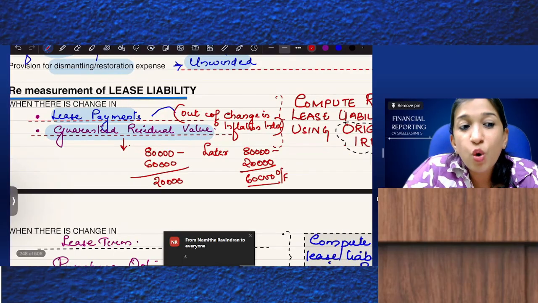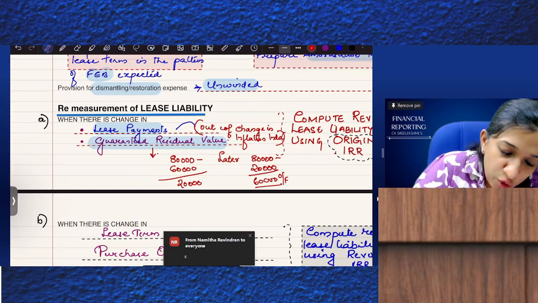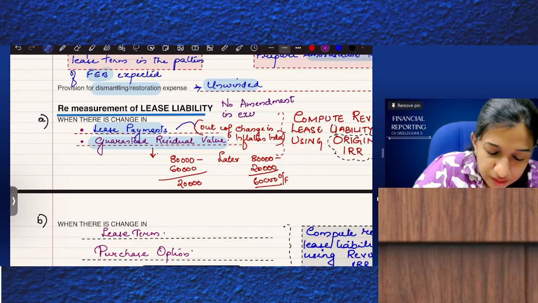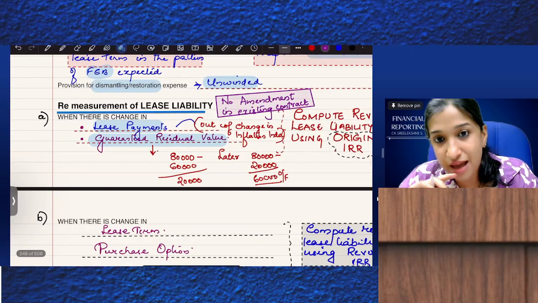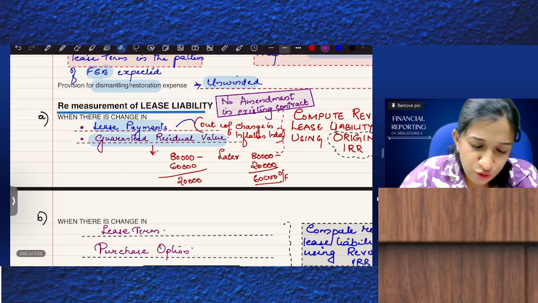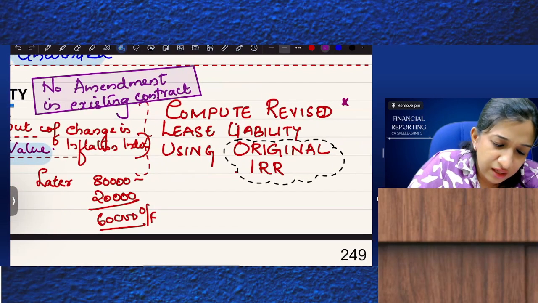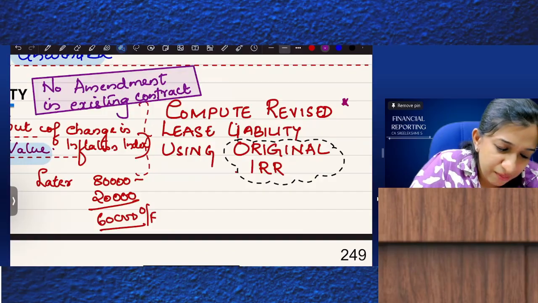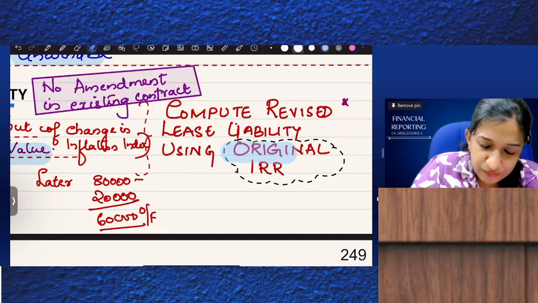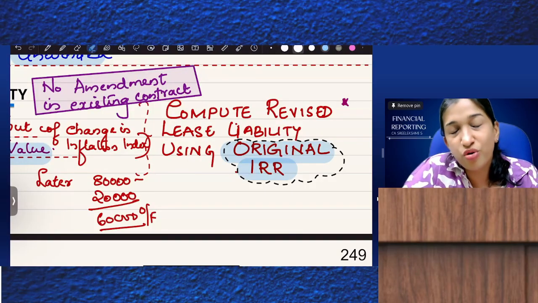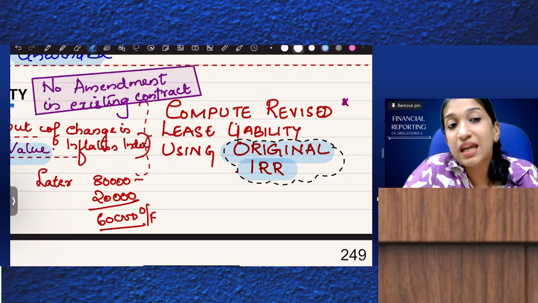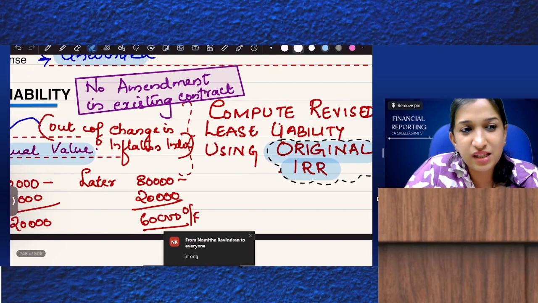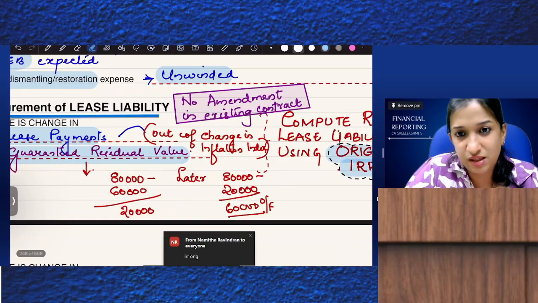So there is no amendment in the existing contract, but your estimations have changed. Then what should you do? Compute the revised lease liability using the original IRR. The original lease liability you computed using which IRR? Use the same IRR for calculating the revised lease liability.